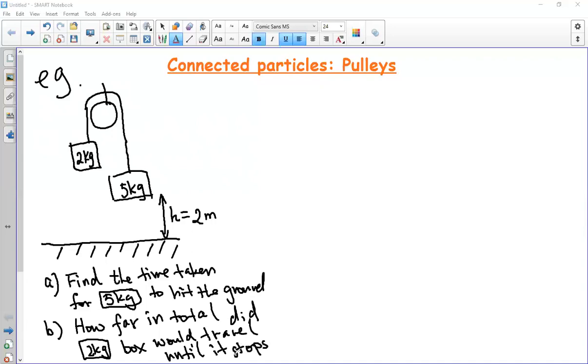When I say until it stops, I mean at the point when the velocity is 0. We're not considering the situation where the box will fall down again.